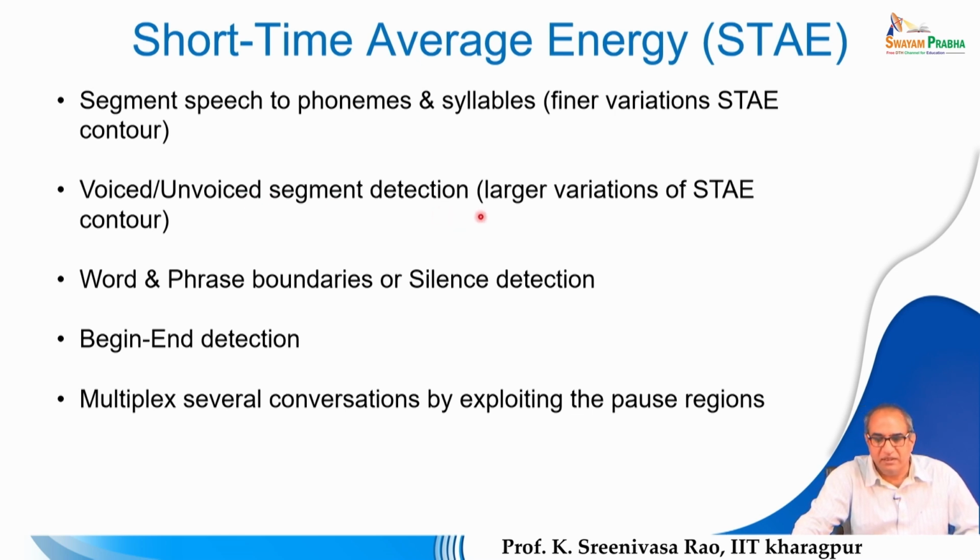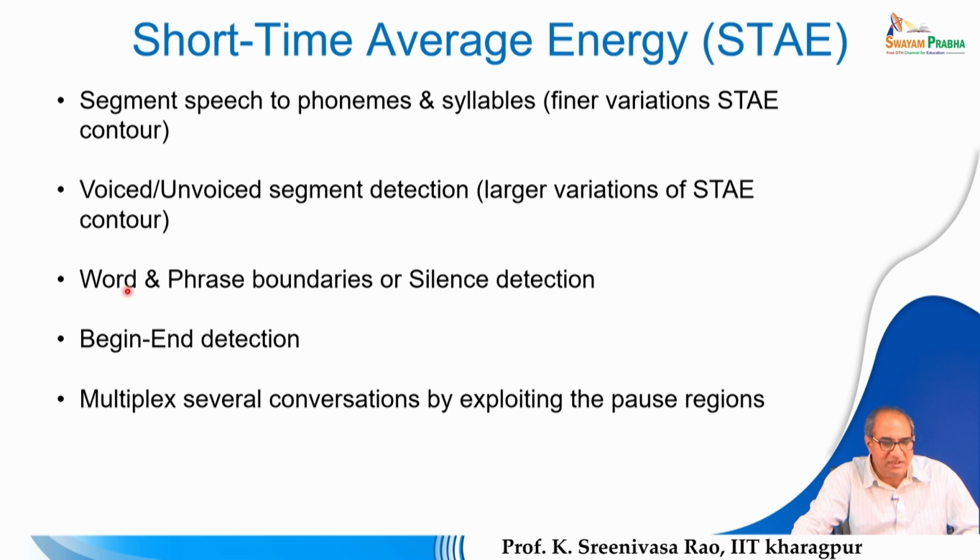The larger variations in the energy contour are used to detect voiced and unvoiced regions, whereas the finer variations are used to detect the speech boundaries of the sound units present in the signal. We can also detect word and phrase boundaries, or silence, from the speech signal using the short term average energy.